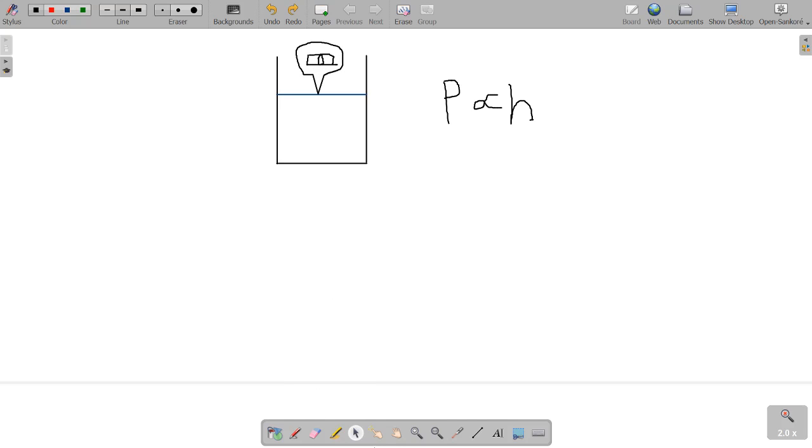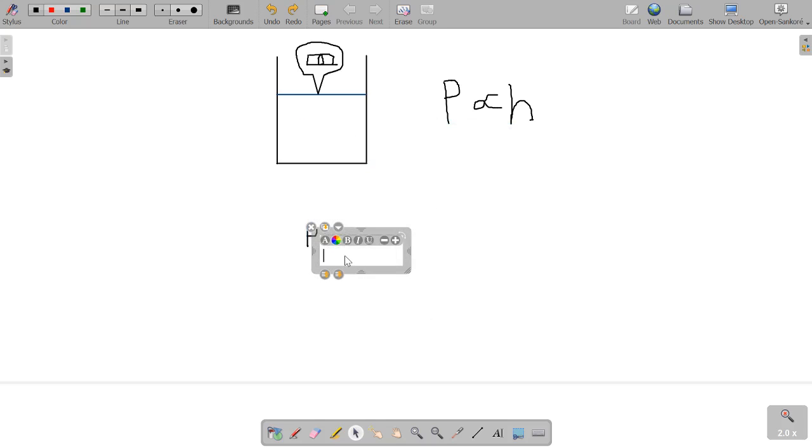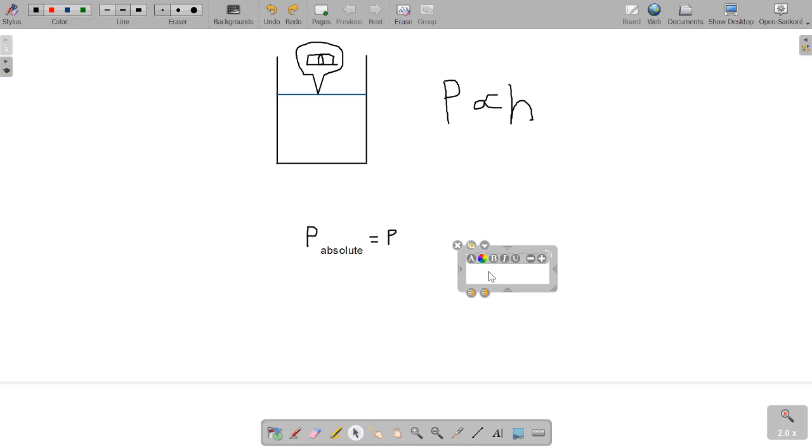In fact, this is the absolute pressure. Absolute pressure is basically defined as the gauge pressure plus the atmospheric pressure.